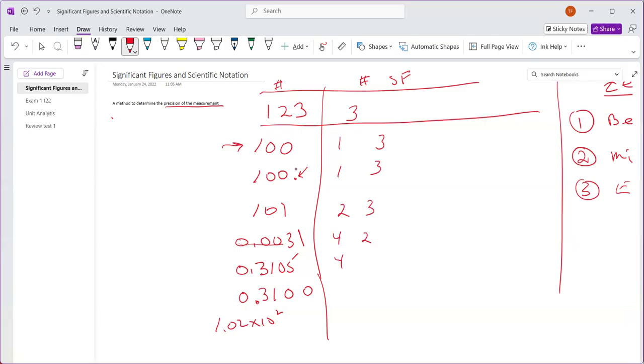How many? 2. How about 0.3100? Well, 2. What about scientific notation? 1.02 times 10 squared. 2, 3.